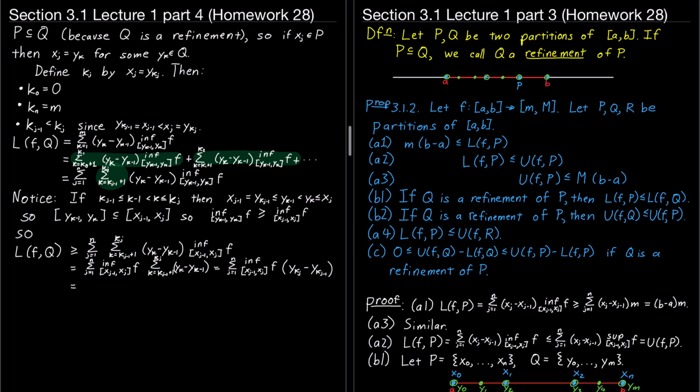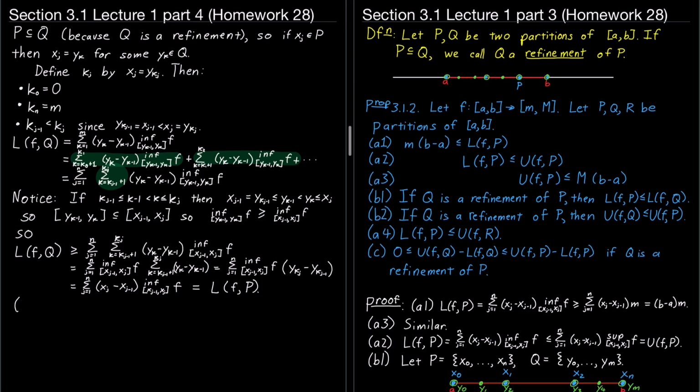And then if we just remember what k_j was, y_{k_j} is now x_j, y_{k_{j-1}} is x_{j-1}. And then we recognize that as the lower Riemann sum of f over the partition P. And that's what we wanted to prove.